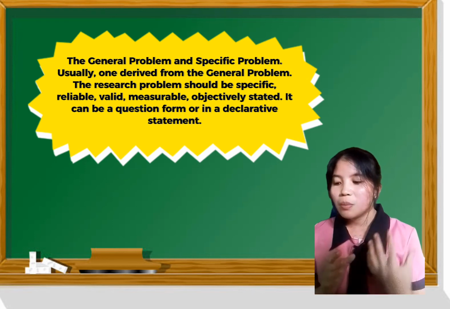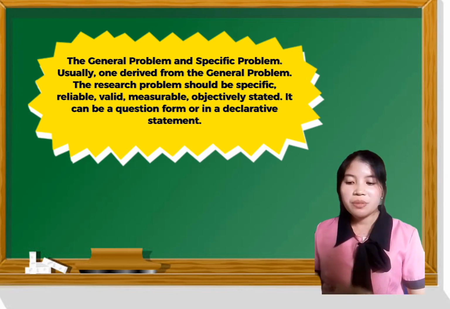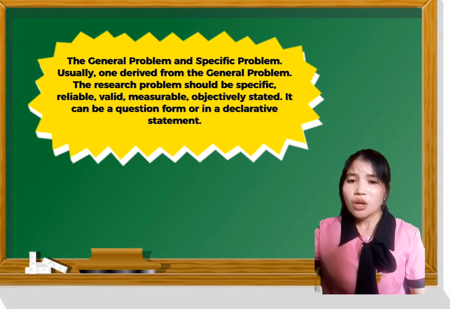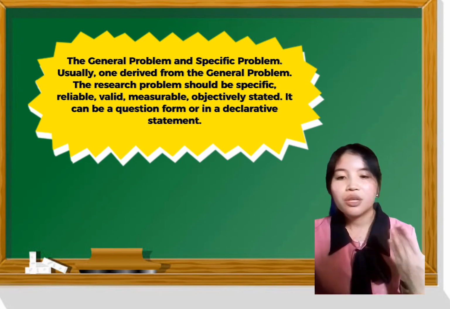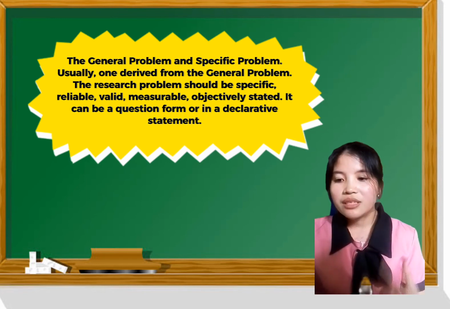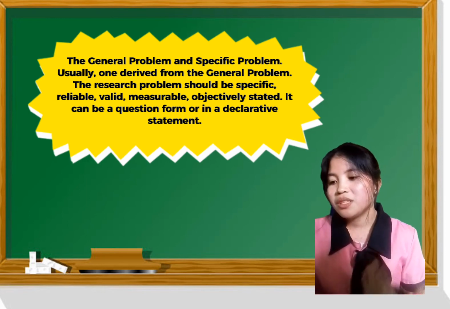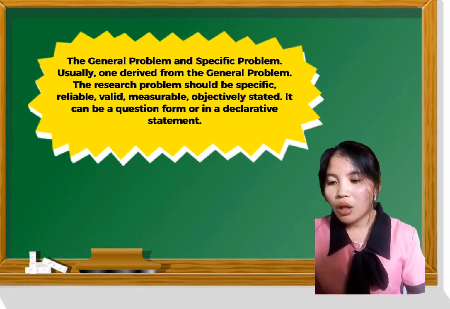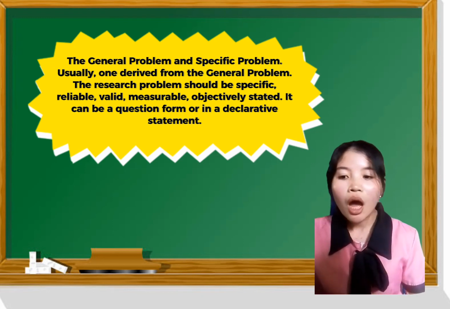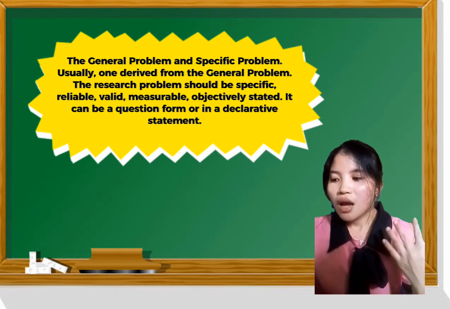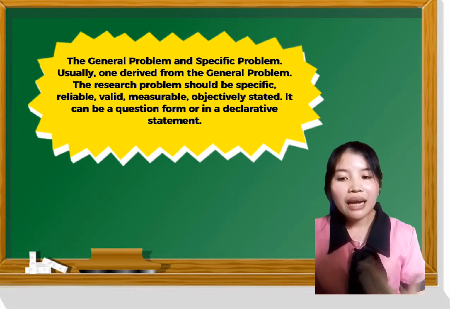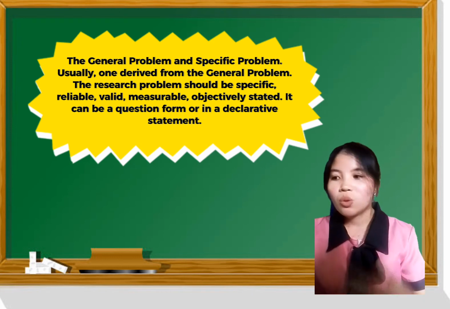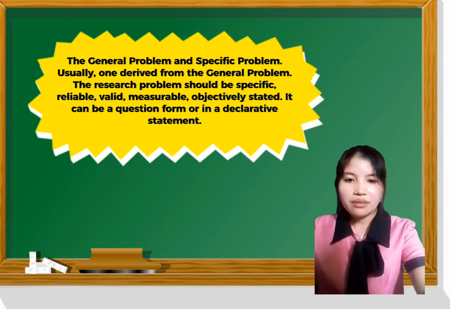Usually one general problem and three specific problems, which derive from the general problem. This research problem should be specific, reliable, valid, measurable, and objectively stated. It can be in question form or a declarative statement. So that is chapter 1.